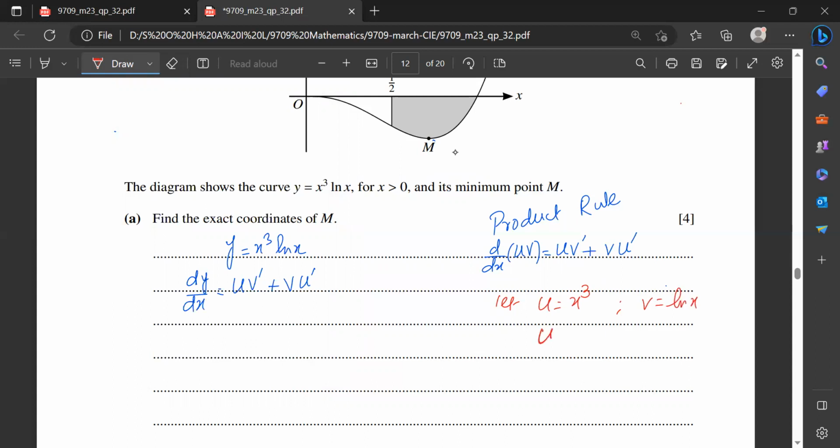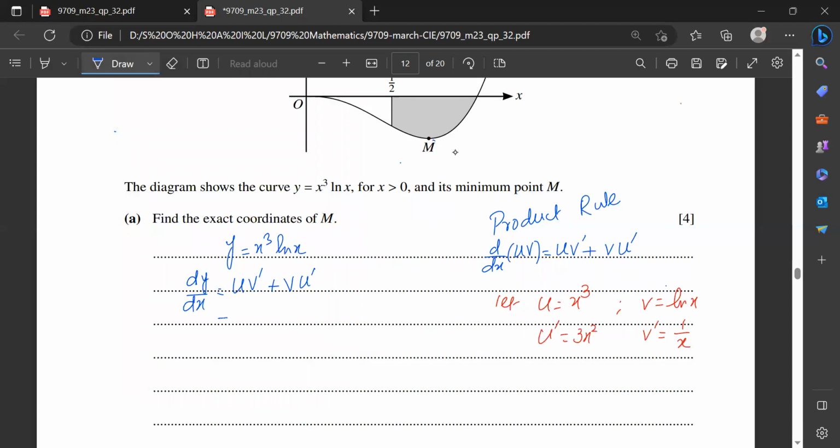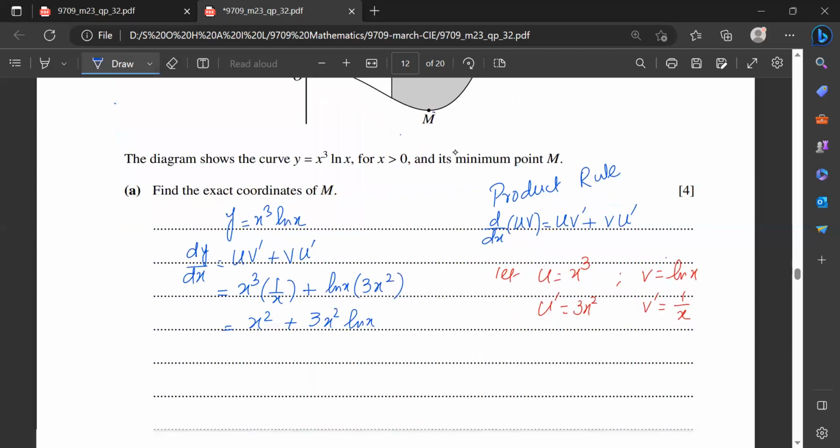Differentiating, u dash is 3x squared, and v dash, the differentiation of natural log of x, is 1 over x. Using the formula, u is x cubed times 1 over x, plus v, natural log of x, times 3x squared. Simplify: x squared plus 3x squared natural log of x.